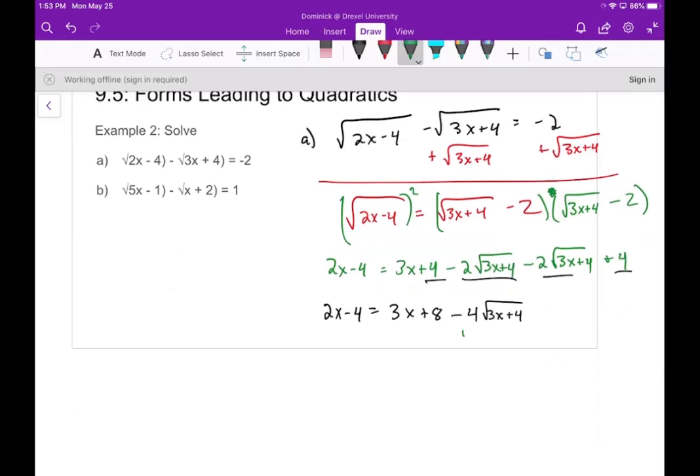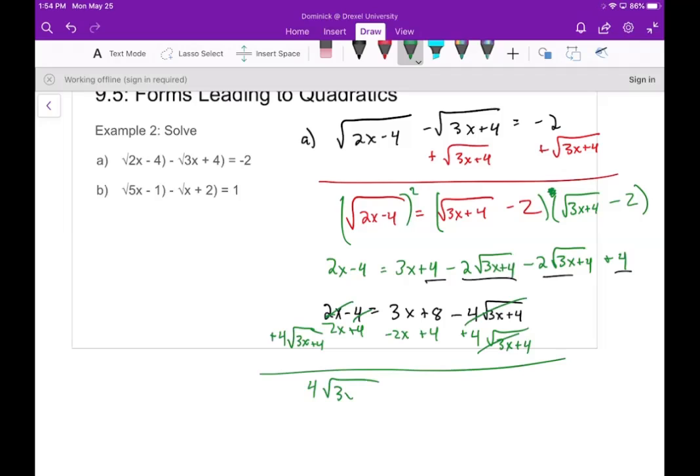So I'm going to add this to both sides, and we're going to subtract 2x and add 4 to both sides. Once we get all this cancellation happening, we get that 4 square root of 3x plus 4 is equal to x plus 12.